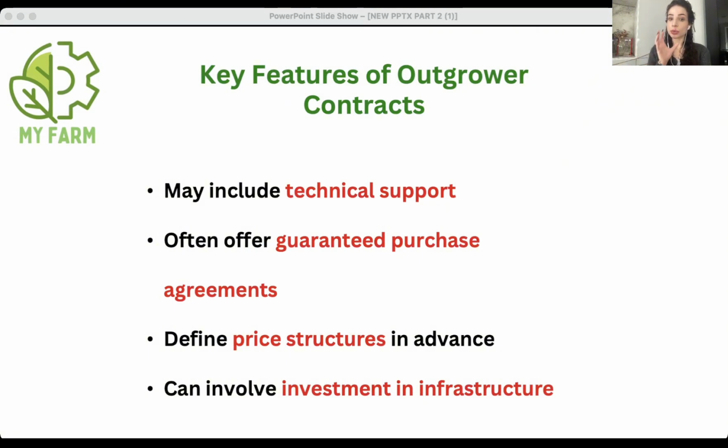Contracts may include provisions for technical support, guaranteed purchases, price structures, or investments in infrastructure. While commonly used in forestry, outgrower schemes are also widely applied in crops like sugarcane, cotton, tobacco, oil palm, and horticultural produce.